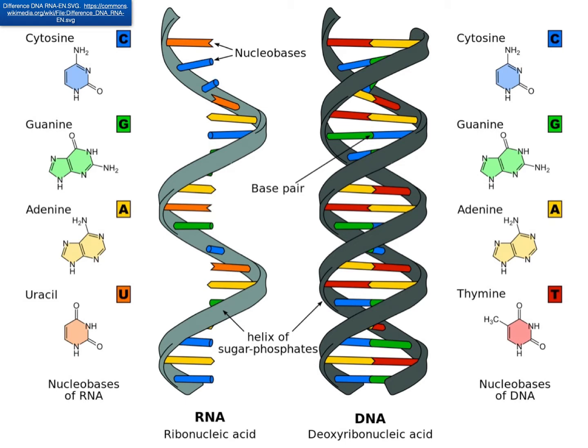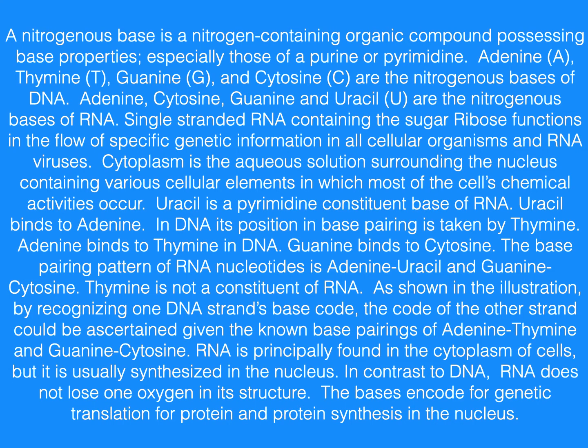Difference between DNA and RNA illustration. A nitrogenous base is a nitrogen-containing organic compound possessing base properties, especially those of a purine or pyrimidine.